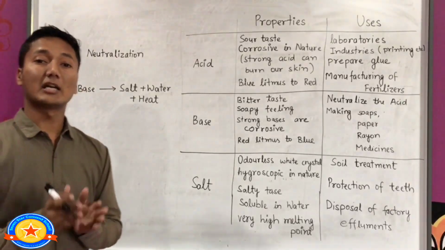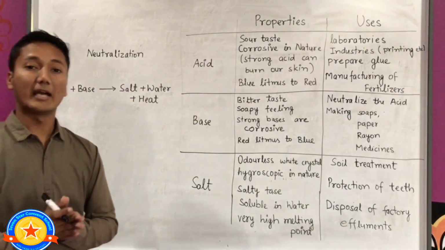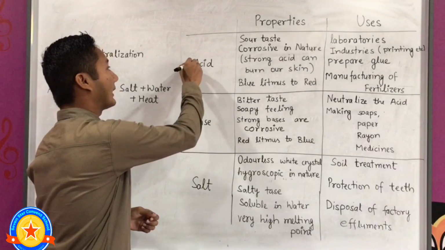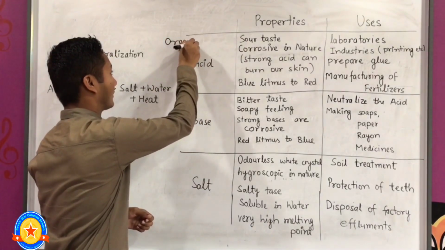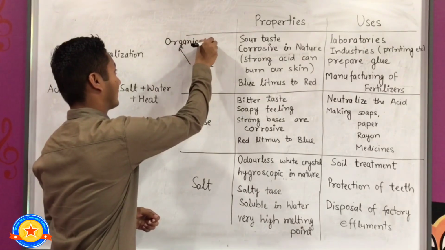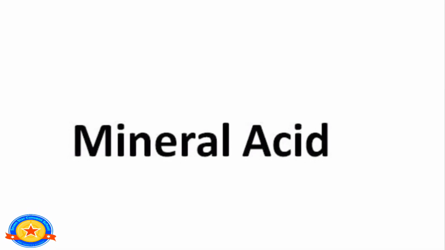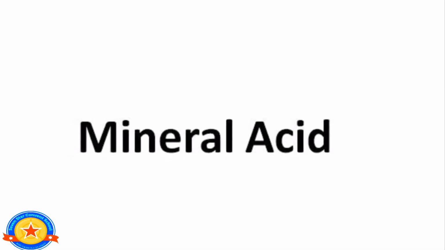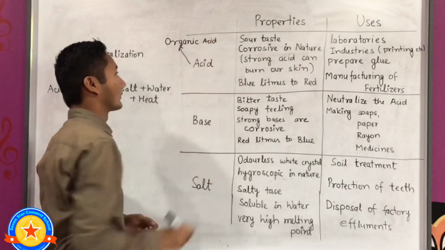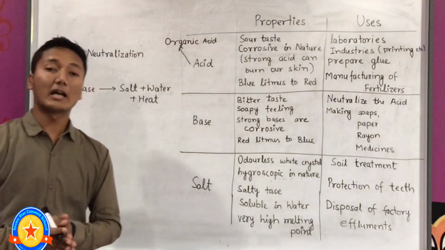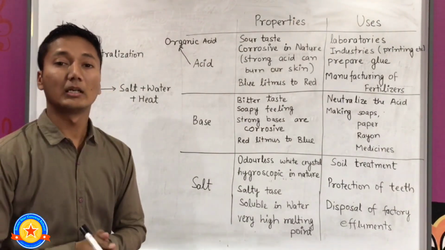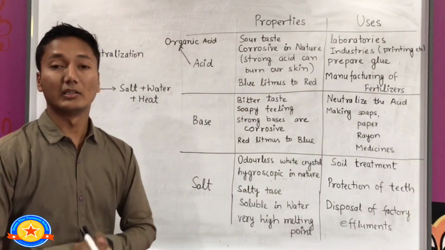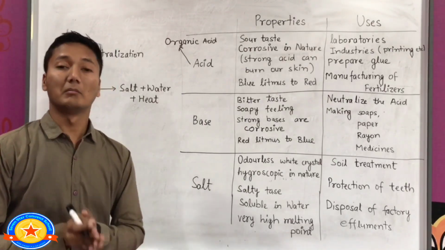Some acids which are present in plants, that acid we call organic acid. And there are also some acids which we get from the crust of our earth. These acids are called mineral acids.